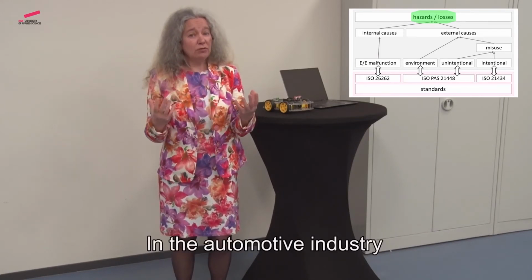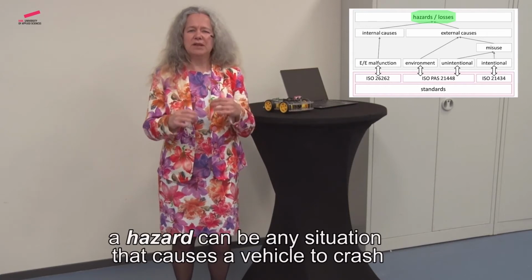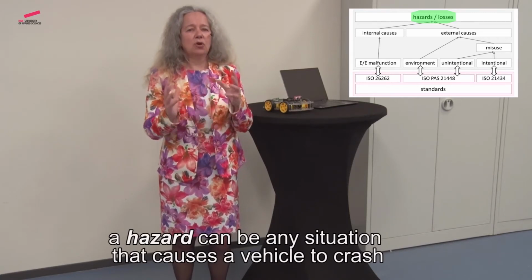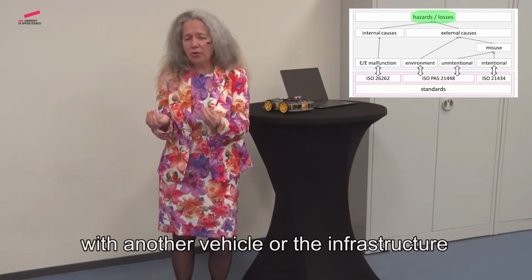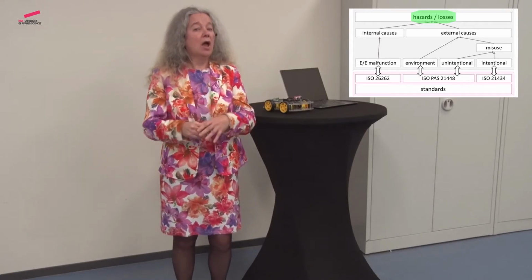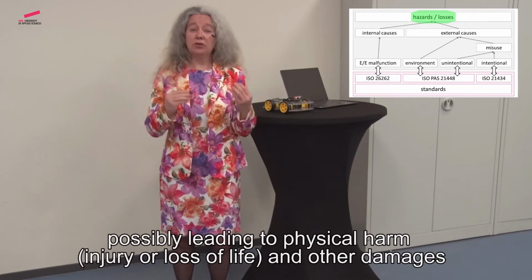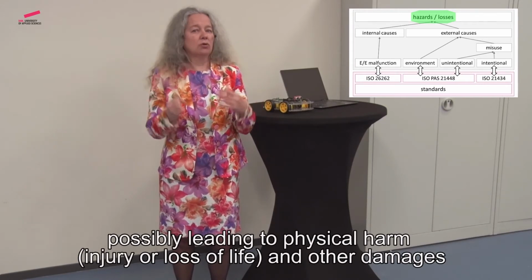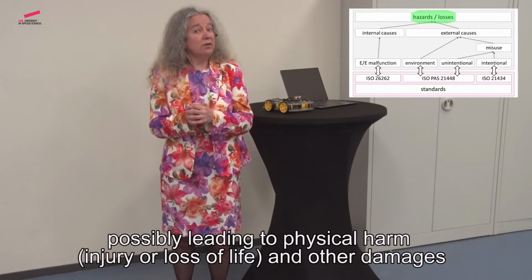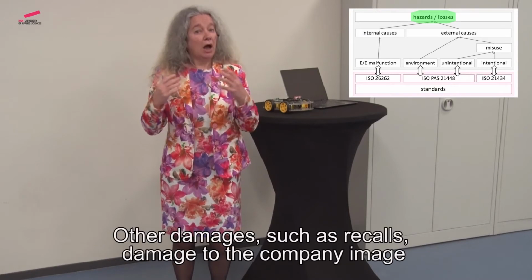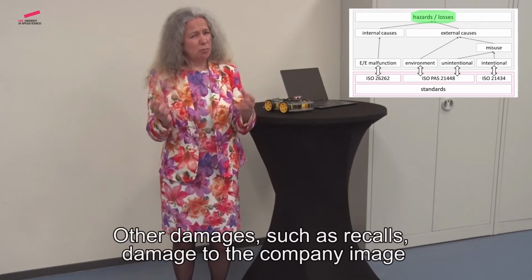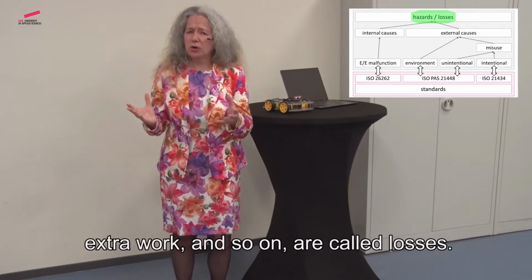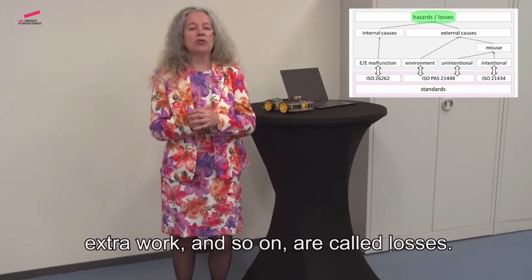In the automotive industry, a hazard can be any situation that causes a vehicle to crash with another vehicle or the infrastructure, possibly leading to physical harm, injury or loss of life, and other damages. Other damages, such as recalls, damage to the company image, extra work, and so on, are called losses.